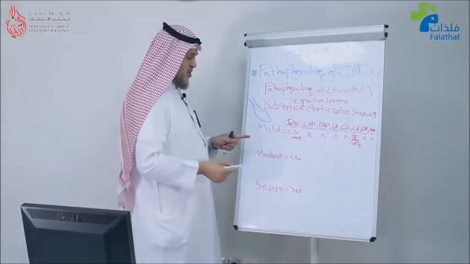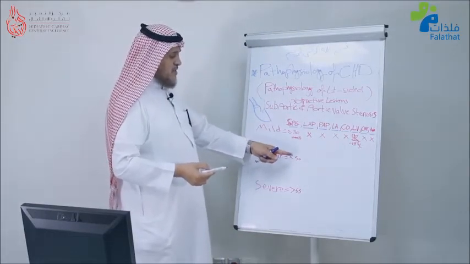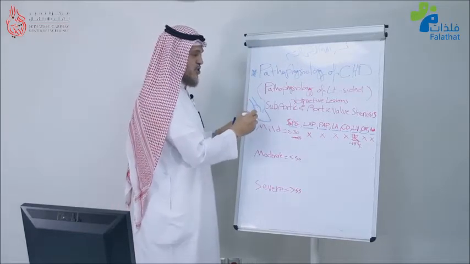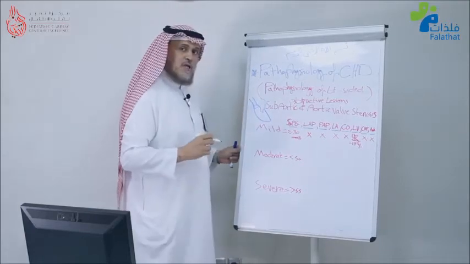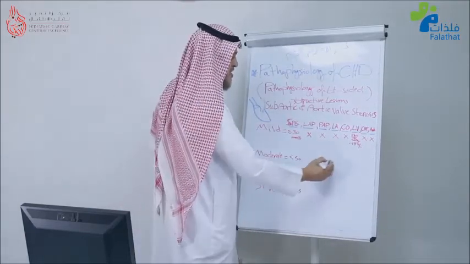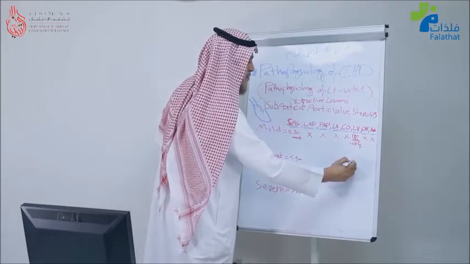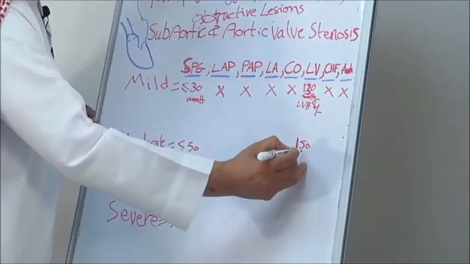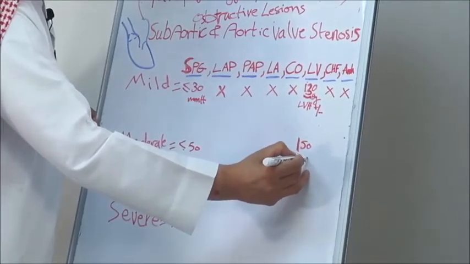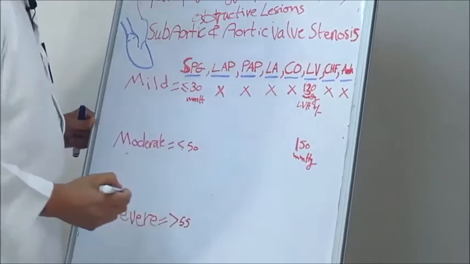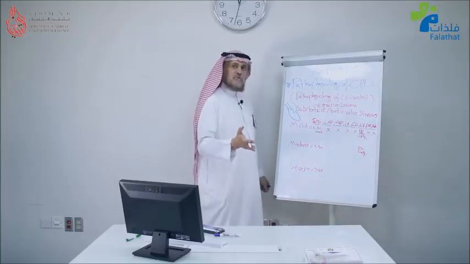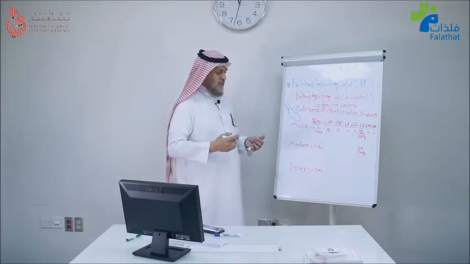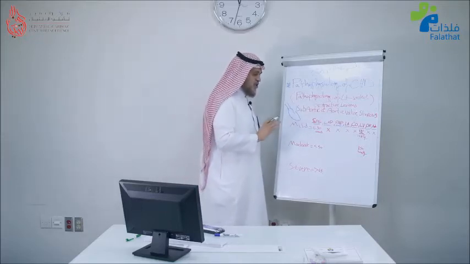But if we move to moderate and we're talking about something more like a 50 gradient, then your LV pressure based on the 100 in the aorta will be actually 150 systolic. And obviously that's systolic hypertension in most ages and body weights. Maybe in elderly or older age, it can be considered as normal, but a 150 is systolic hypertension for sure.